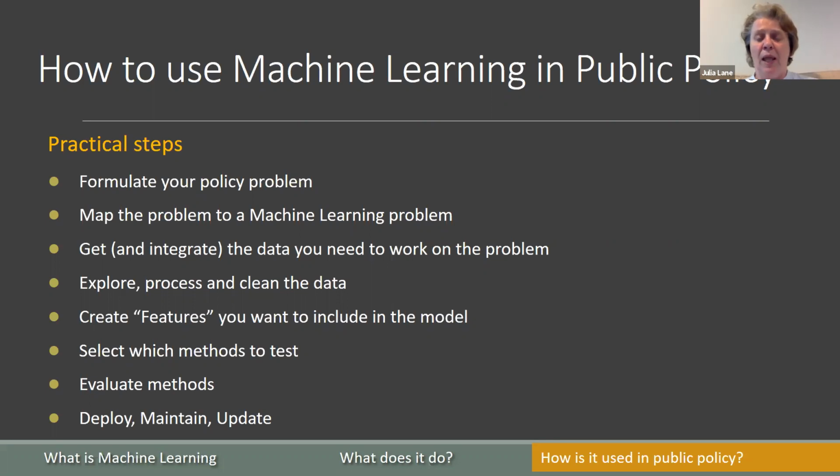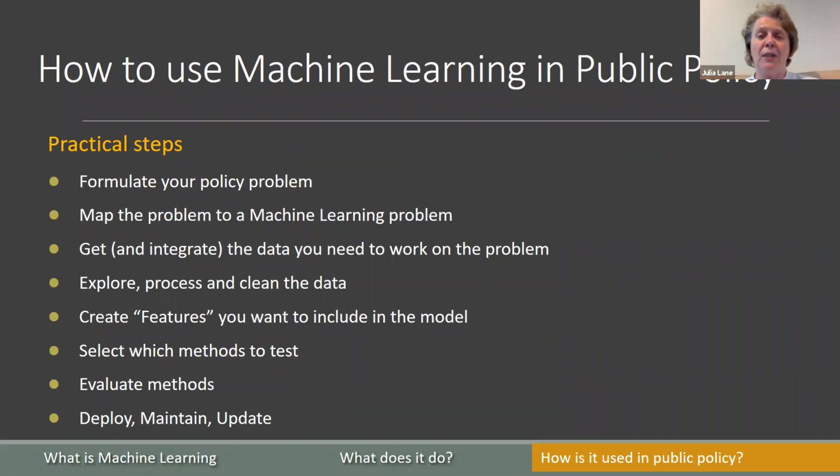So for example, if I'm trying to predict whether an ex-offender is going to recidivate or reoffend, then I'm going to need data on corrections and on the same individual over subsequent periods. So I'm going to need longitudinal data.